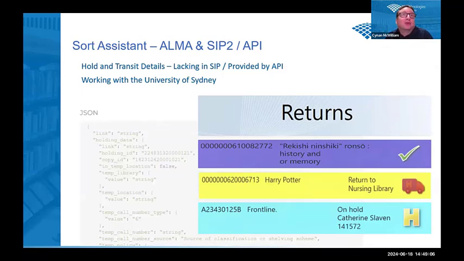These run alongside SIP2. We use both of that information to create the same kind of response on the screen. The developers worked with University of Sydney and Ex Libris and made use of ALMA's online documentation and sandbox environments to build the required calls.